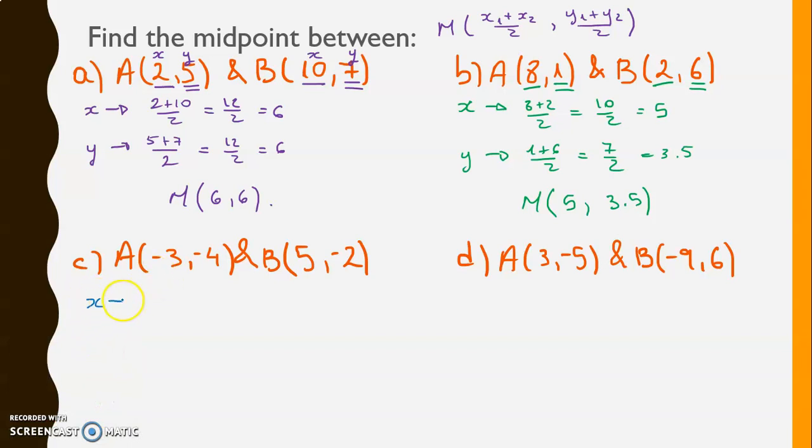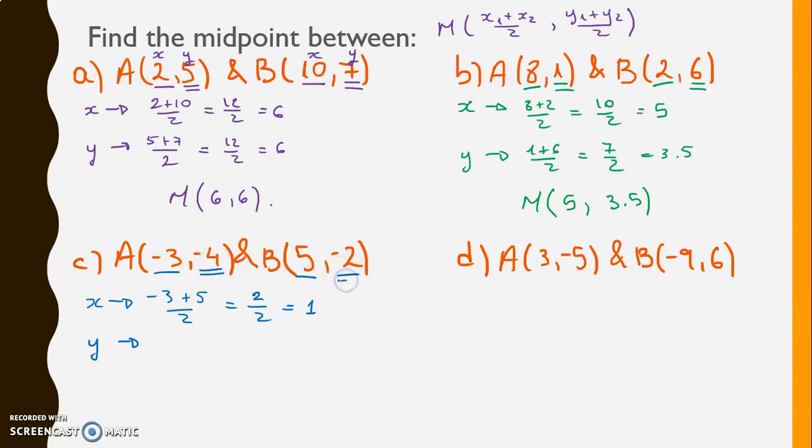So the x component is the average between the x coordinates. So minus 3 plus 5 divided by 2. Minus 3 plus 5 is 2. 2 over 2 is equal to 1. And the y coordinate will be minus 4.